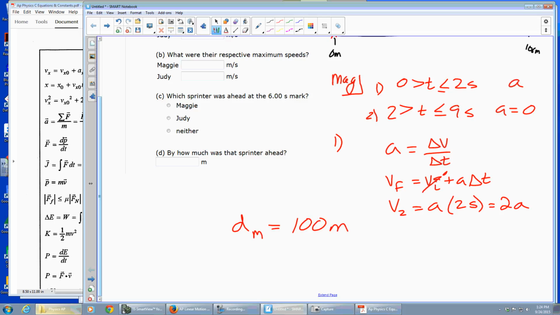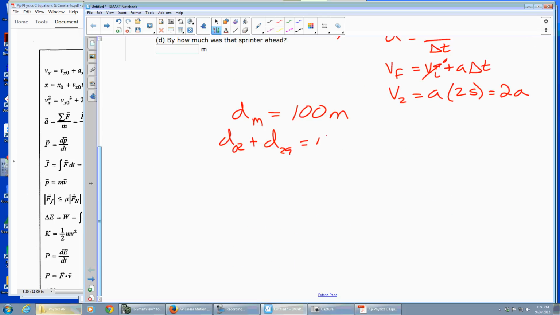But it's going to be made up of the displacement in the first 2 seconds plus the displacement from 2 to 9 seconds, and that will equal 100 meters. Her displacement for the first 2 seconds is going to be controlled by the fact that she is accelerating during that, and her displacement for the next is going to be controlled by the fact that she's not accelerating for that. And you'll see how this works out.